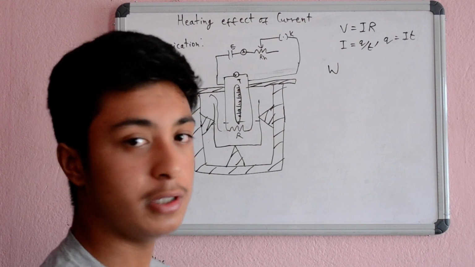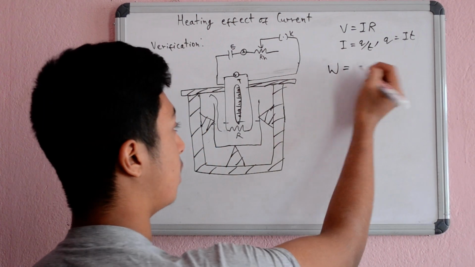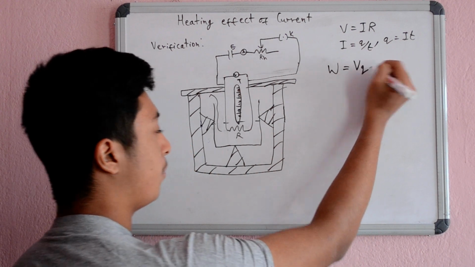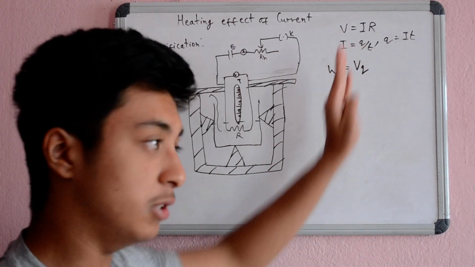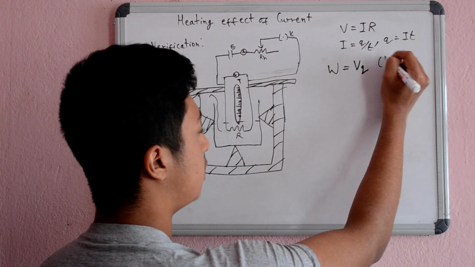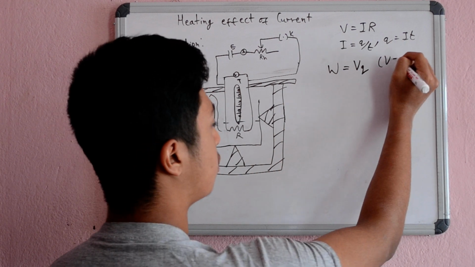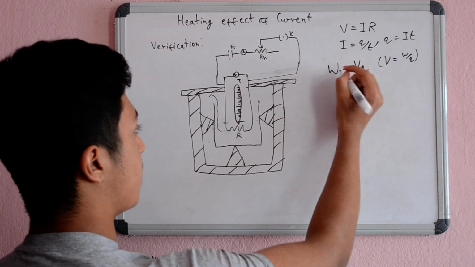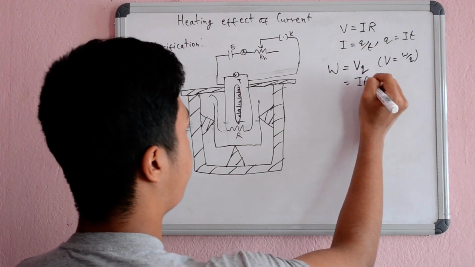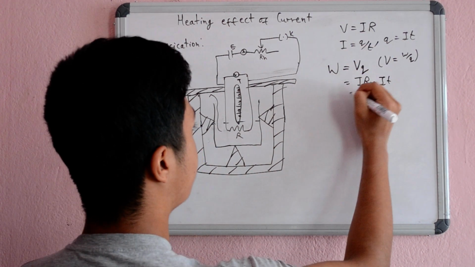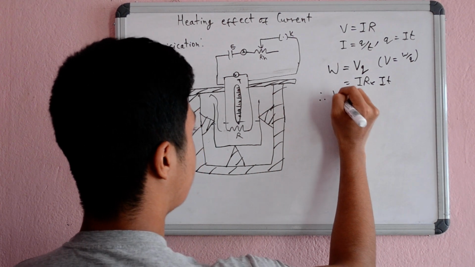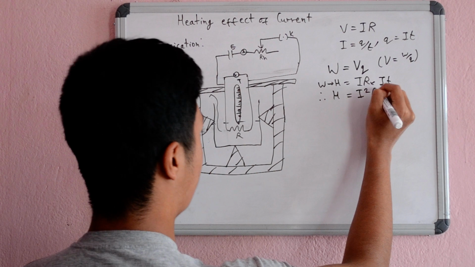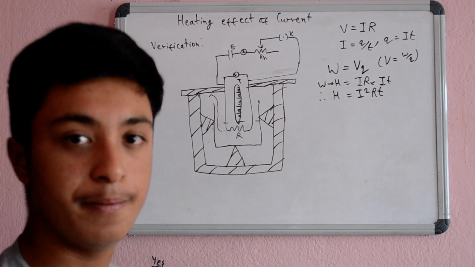The work done in the circuit is equal to the potential difference into the charge, because potential difference is defined as the work done per unit charge. Here we can simply put IR into IT, therefore heat, because work done is heat, is equal to I square RT. This is the derivation.